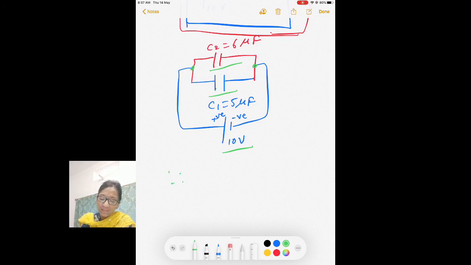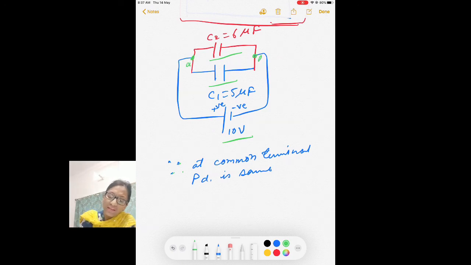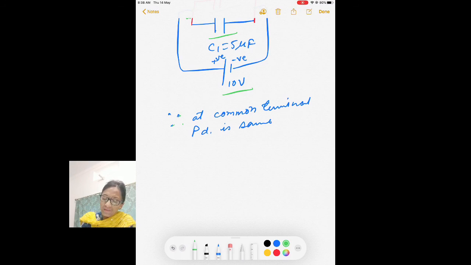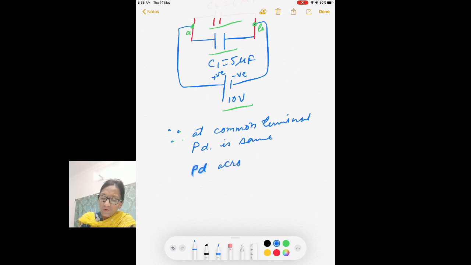Therefore, since at the common terminals the PD is the same, if you take the 2 points as A and B, then the PD across A and B is equal to 10 volt only.